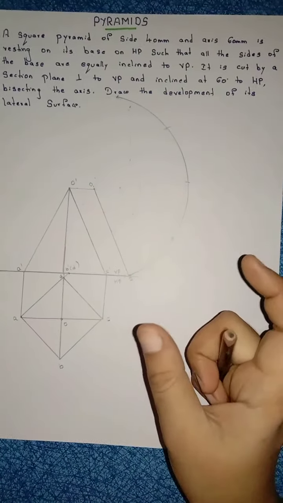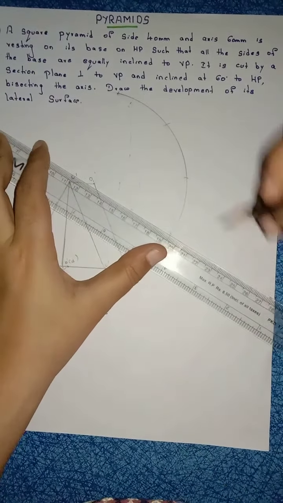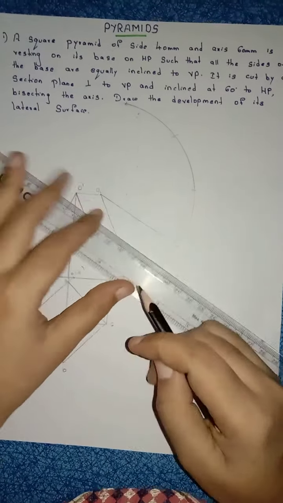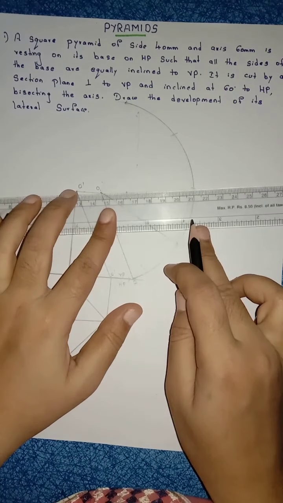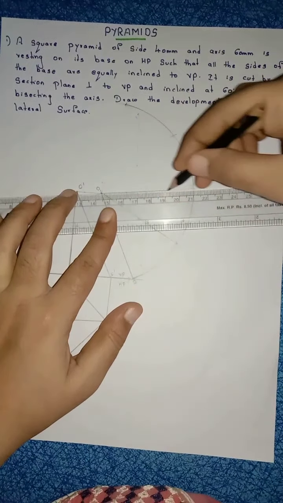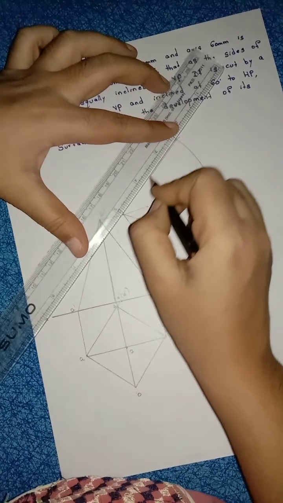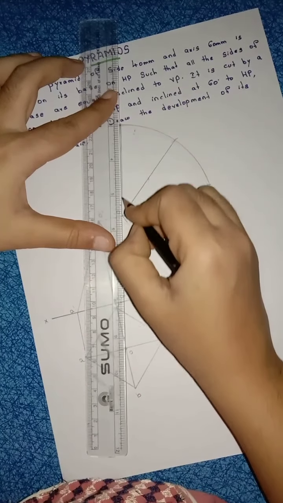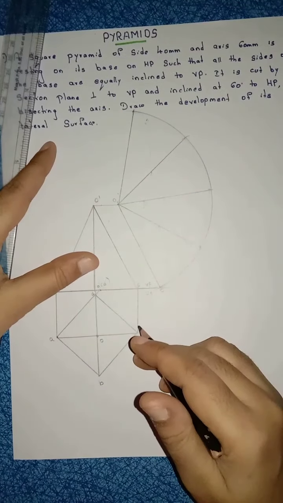Take 40 mm length of the square and divide into 4 equal parts because square has 4 equal sides. Now join the arcs. This end one is the last arc, so you can close the curve, right?